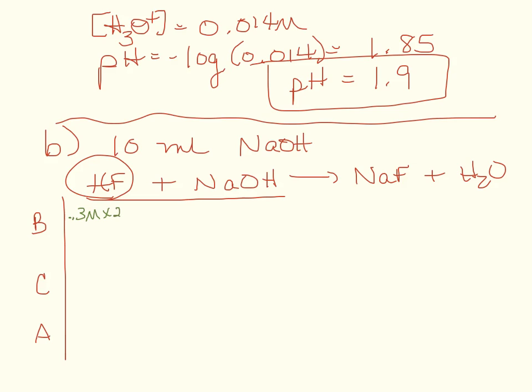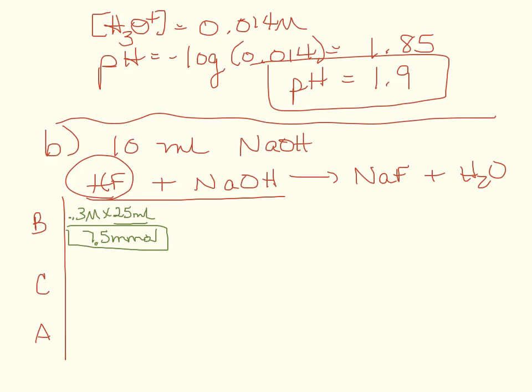So 0.3 molar times 25 mL will give you the millimoles of the acid. If you're uncomfortable working in millimoles, you can convert the 25 milliliters to liters and just work in moles instead of millimoles. That's fine. So 0.3 times 25. So initially we have 7.5 millimoles of the acid.